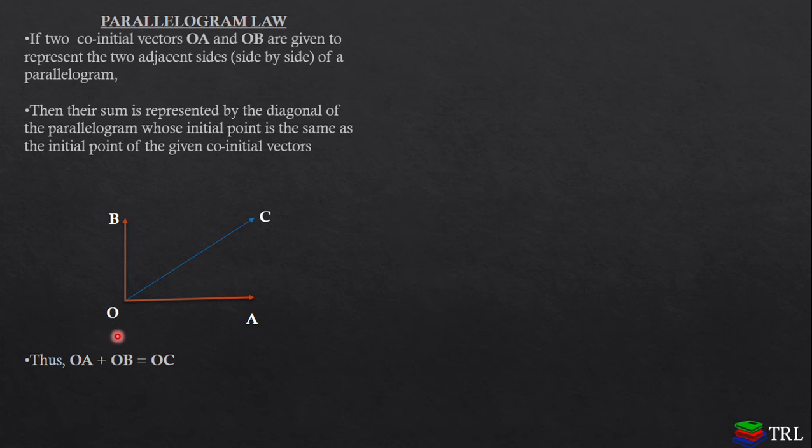Now, we get this particular intuition from the fact that since this is a parallelogram, vector OA is parallel to vector BC and vector OB is parallel to vector AC.